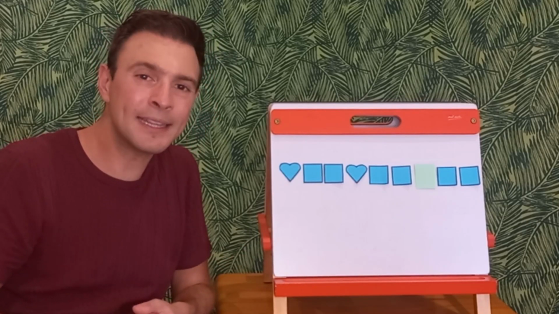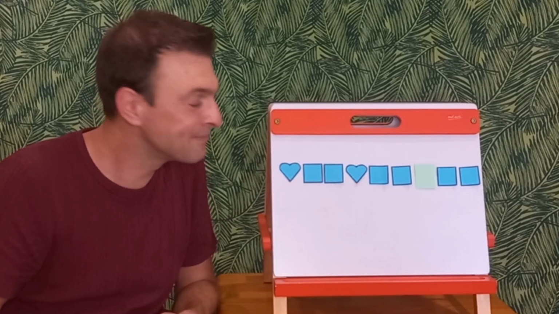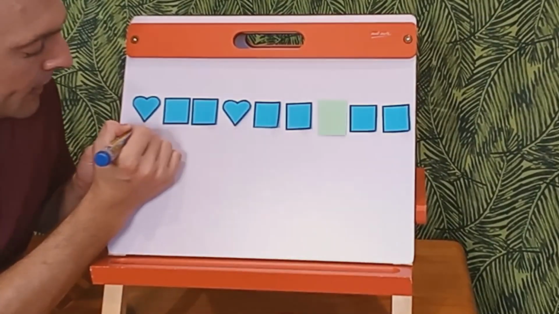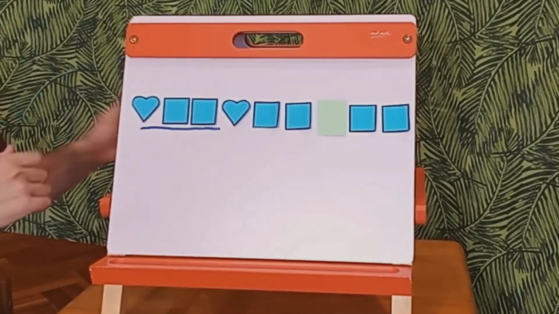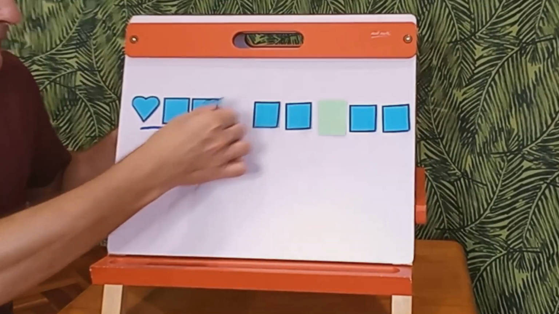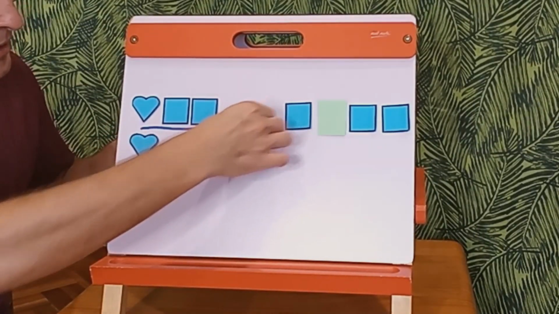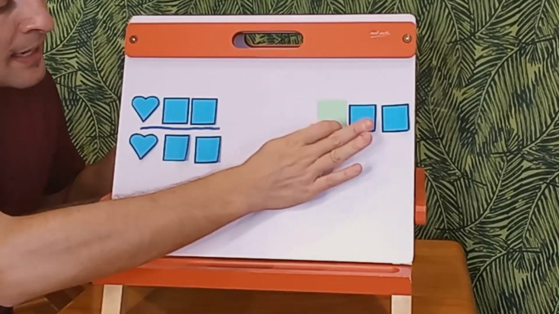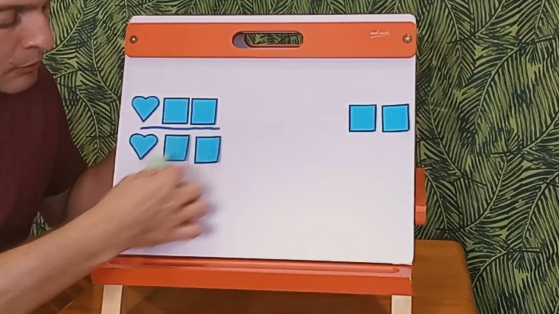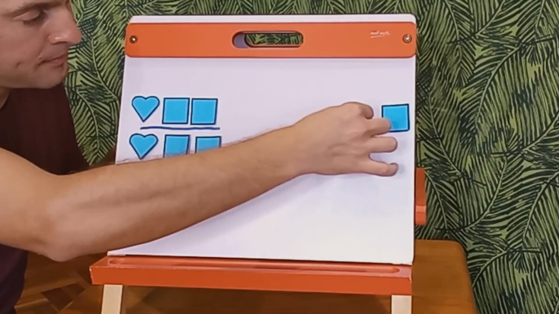Well, let's have a look at this another way to be sure. Here is the pattern core, heart, square, square, and here is the pattern core again, heart, square, square, and then I'll move the next three down below it as well, including the empty space.